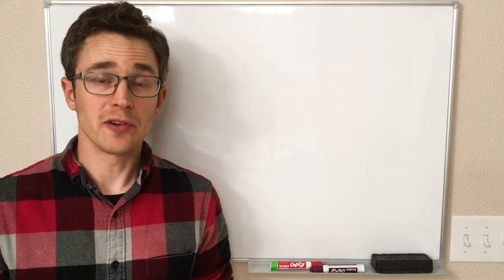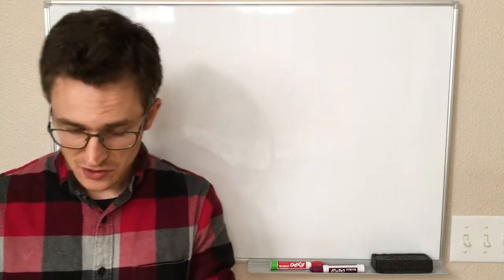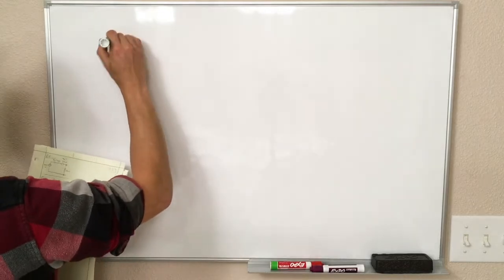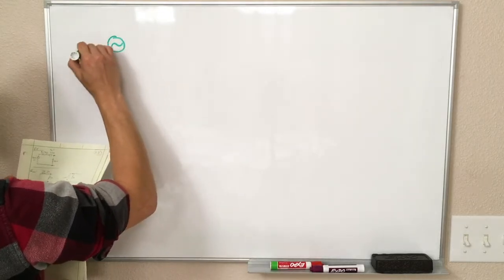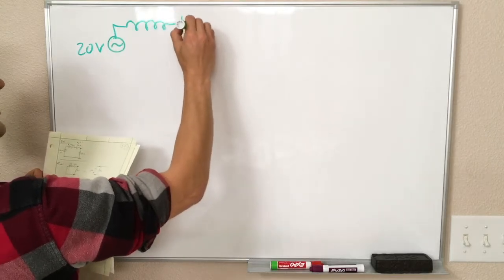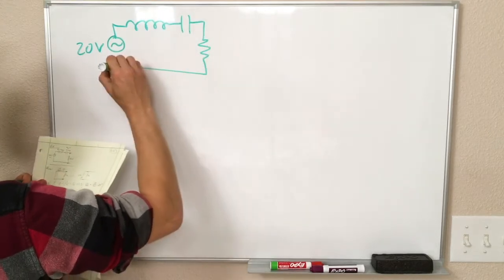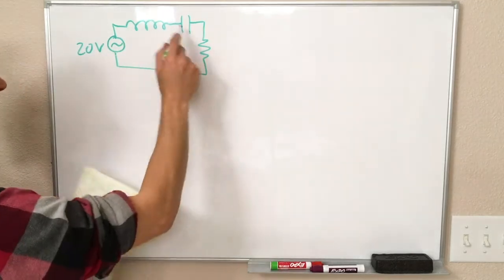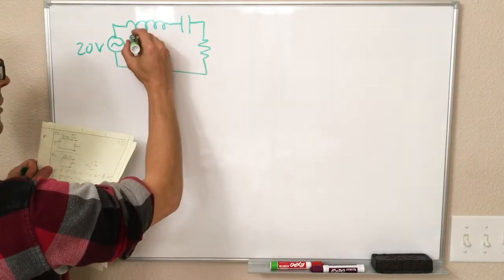Here is an example Thevenin equivalence calculation for an AC circuit. So let's look at the following circuit. We have a 20 volt voltage source that is connected to an inductor and a capacitor and a resistor in series. And again, rather than using values of L and C, we'll just give the reactances.